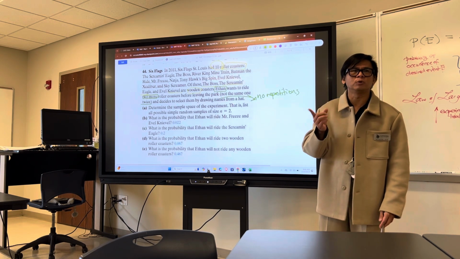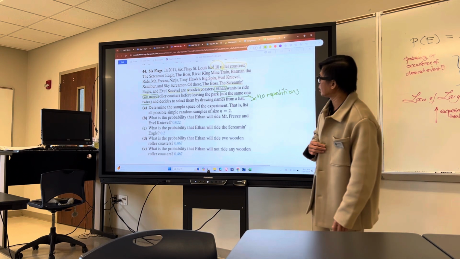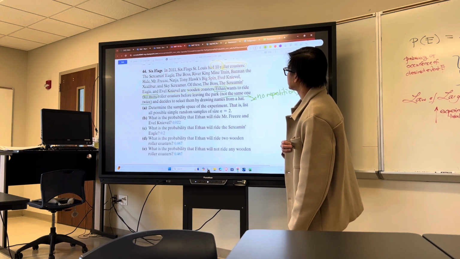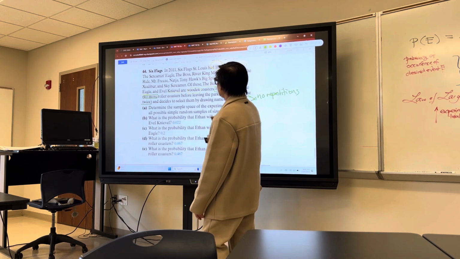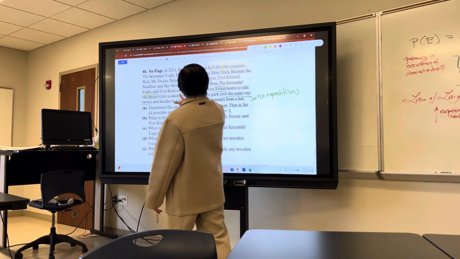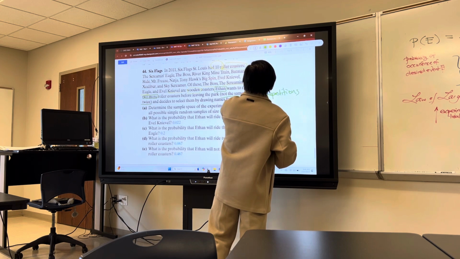He will choose a different roller coaster, again out of those 10. But out of those 10, how many are wooden coasters? Let's count: the Boss, Screaming Eagle, and Evil Knievel. So 3 wooden coasters as well.